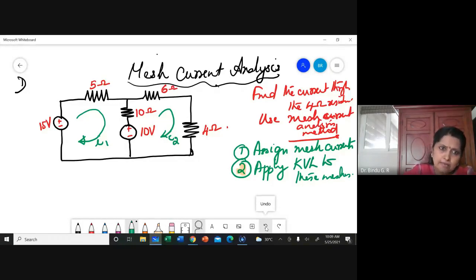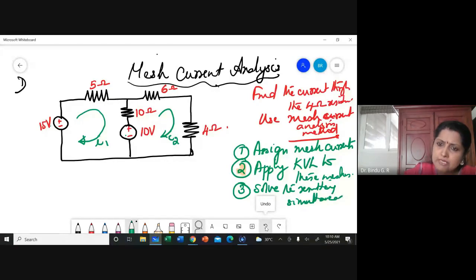So I will be applying KVL to the 5 ohm resistance voltage drop across the 5 ohm resistor, voltage drop across the 10 ohm resistor, 10 volt source and 15 V, that is mesh 1 and so on. Then third step, you will get equations in I1, I2, so you solve the resulting simultaneous equations.